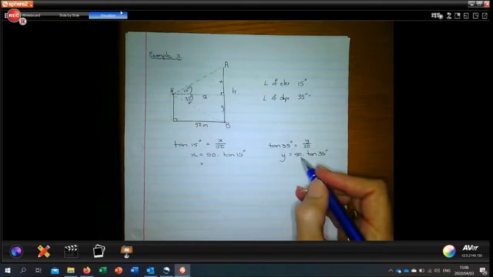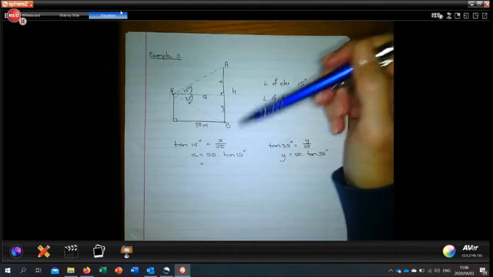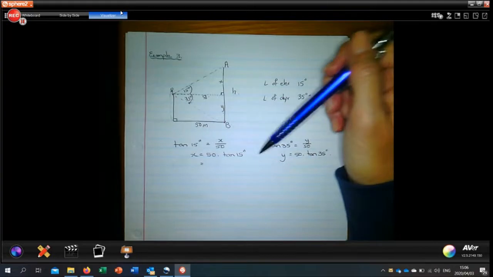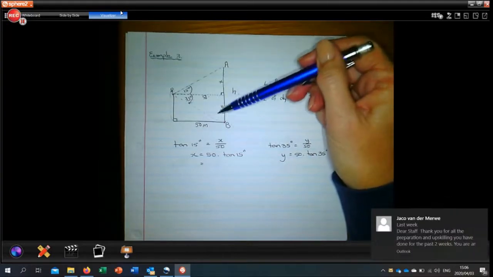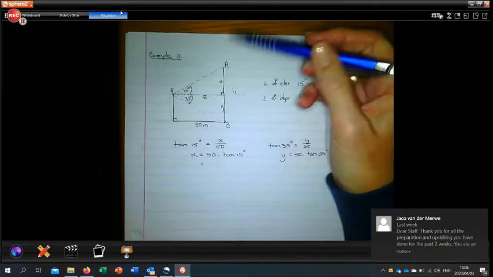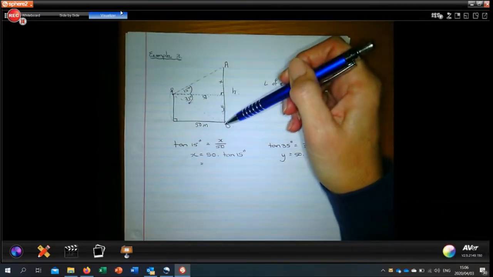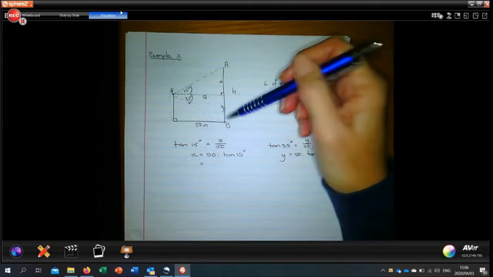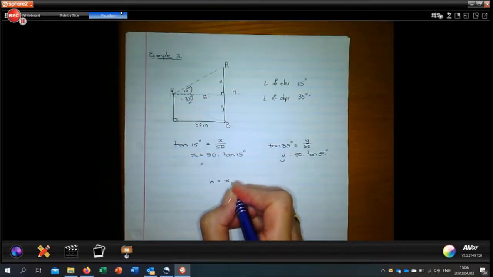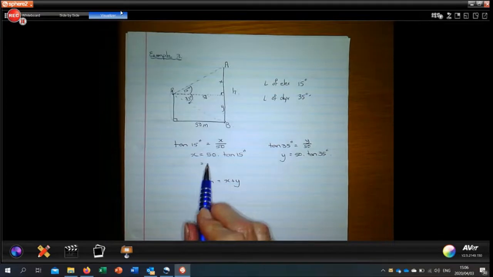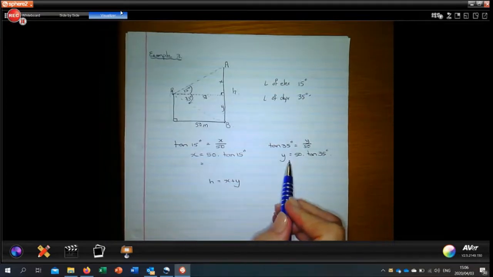Now remember, earlier I said we never round off before the final answer. They did not ask me to calculate x or y. They asked me to calculate the height of this whole thing, which means that the height is going to be x plus y. And I'm not allowed to round off before I get to the final answer. So I don't need to write those answers down there.